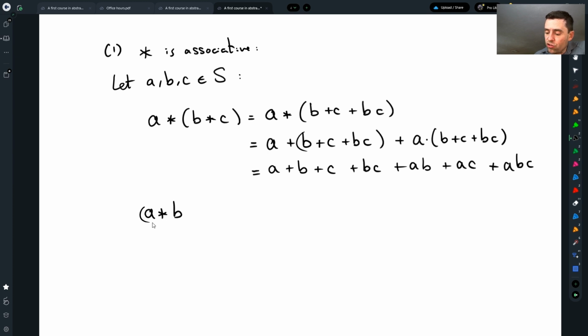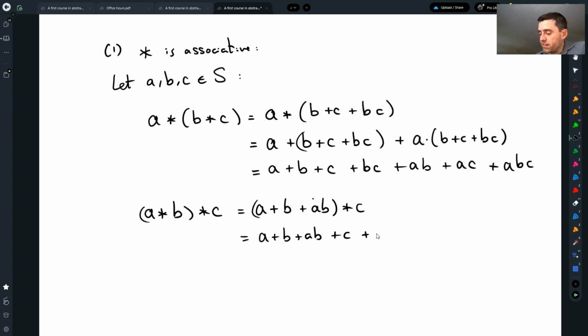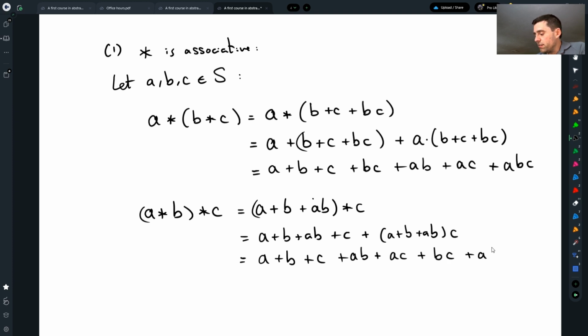So how much is (A star B) star C? A and B together will be A plus B plus AB, and then star C, that will be A plus B plus AB plus C, plus the product of A plus B plus AB and C, and then I get A plus B plus C, plus AB, plus A times C is plus AC, B times C is plus BC, and AB times C is plus ABC.